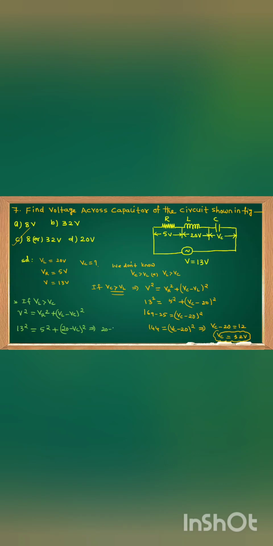From this, 20 minus VC whole square equals 169 minus 25, which is 144. So 20 minus VC is 12. From this, VC is 20 minus 12, which is 8. That's why it is not exactly 32. Either 32 or 8 is possible because we don't know which is greater. 8 or 32 volts is the right answer.